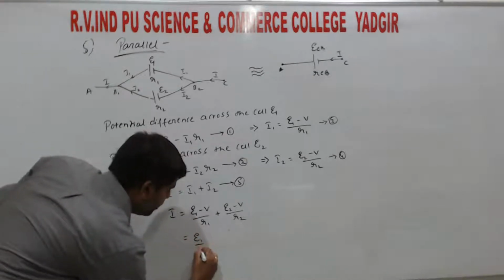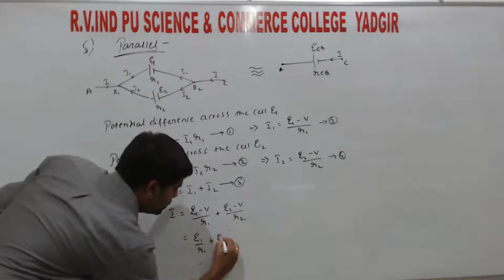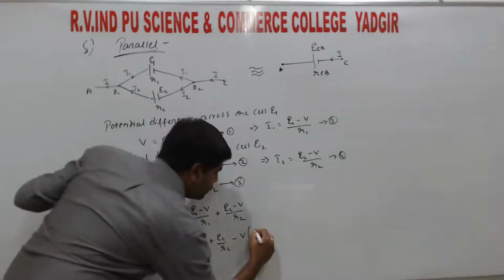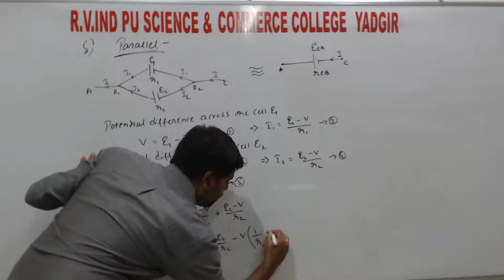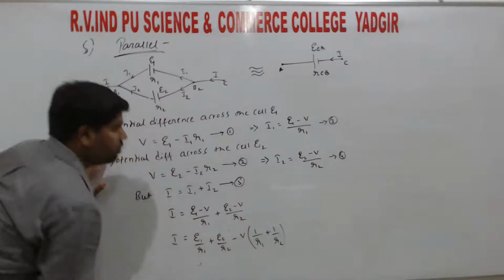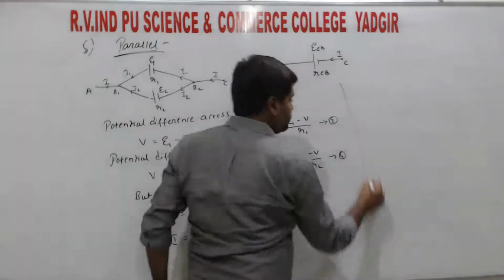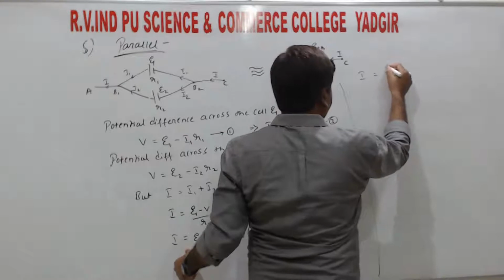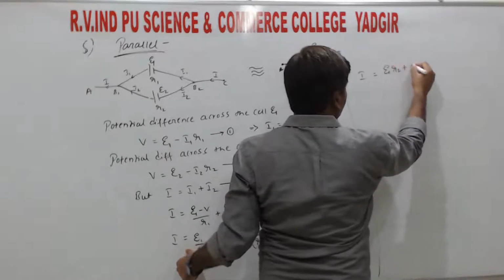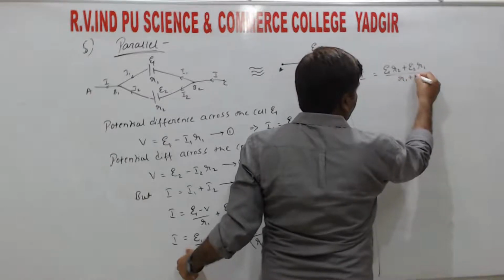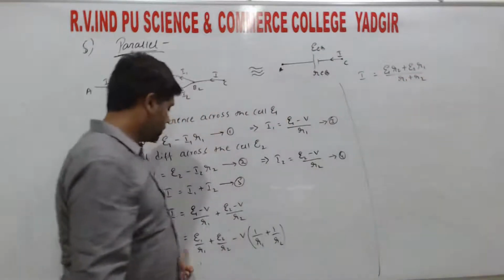We can take E1 by R1 plus E2 by R2, and take minus V common from 1 by R1 plus 1 by R2. So in lectures we have discussed this, right? So I is equal to, taking LCM, E1 R2 plus E2 R1 divided by R1 into R2.